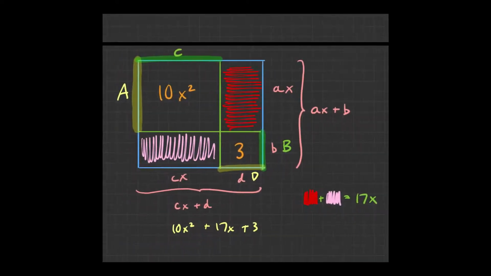Okay. So just keeping in mind that this side is A, these are all different versions of A. So these all have the same length, right? That's why I called it A, because this represents AX. So this side is A, this side is C. So all of these represent the length of C. And then all of these represent the length of B, and all of these represent the length of D. Okay?